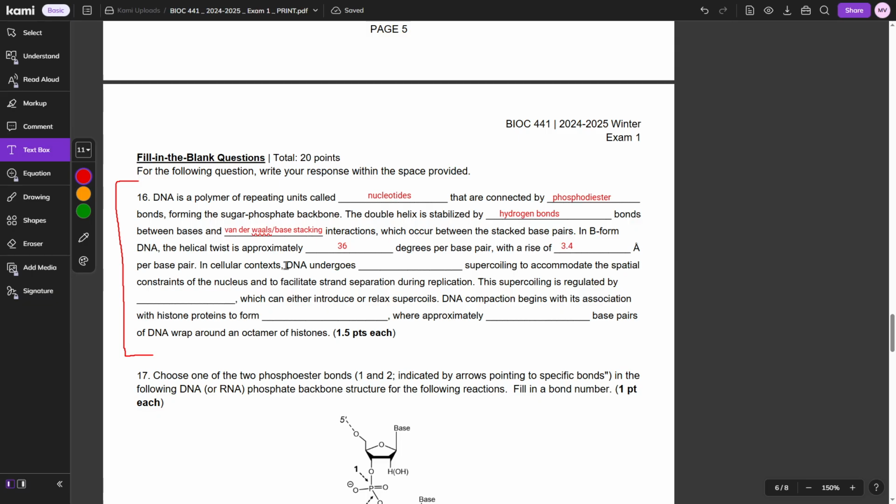In cellular contexts, DNA undergoes what supercoiling to accommodate the spatial constraints of the nucleus? Okay, so it usually undergoes negative supercoiling, right? Because positive supercoiling increases strain. Negative supercoiling reduces strain and actually makes it more compact.